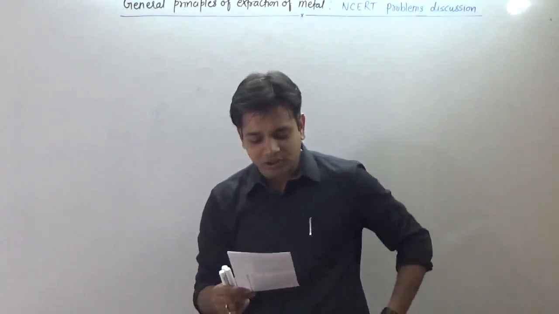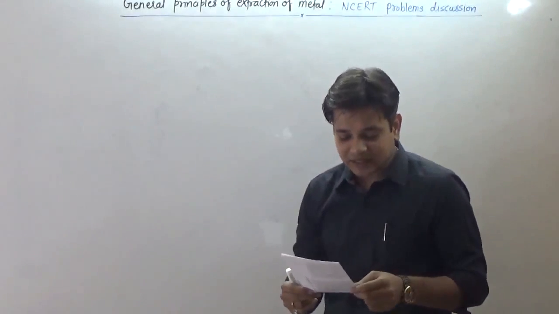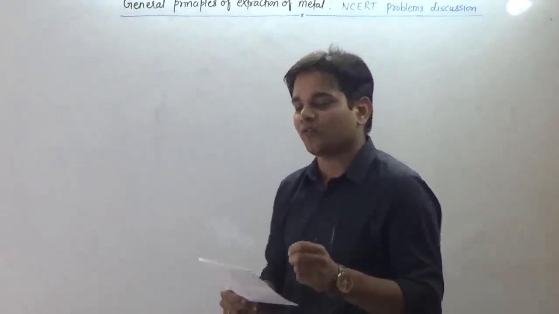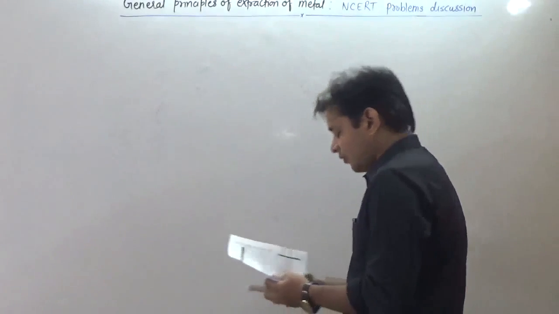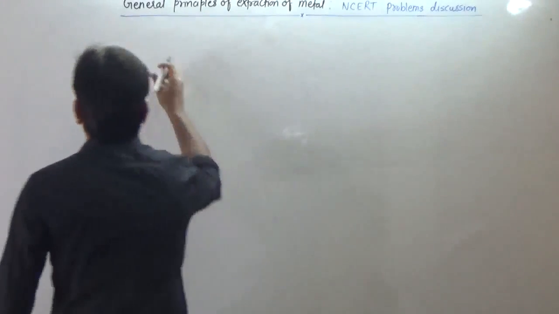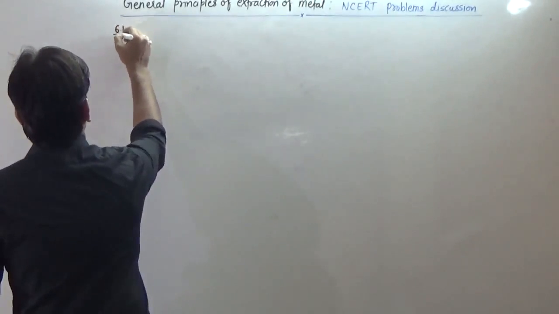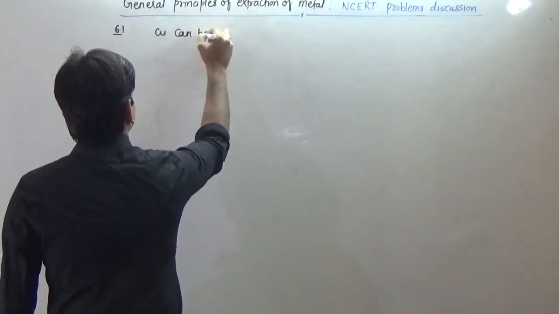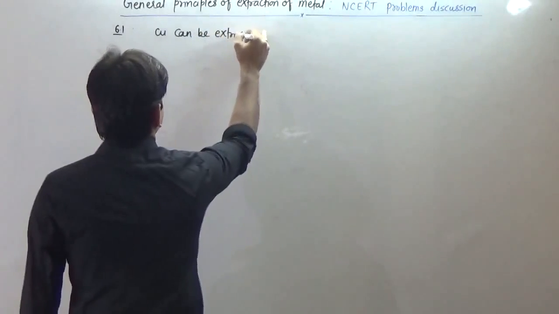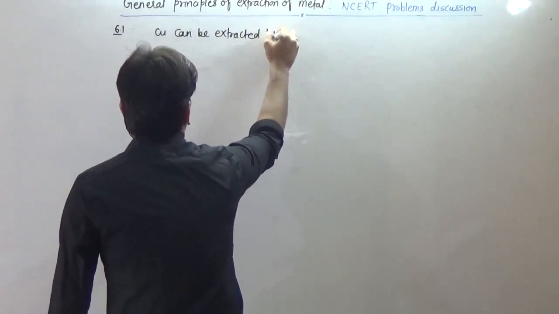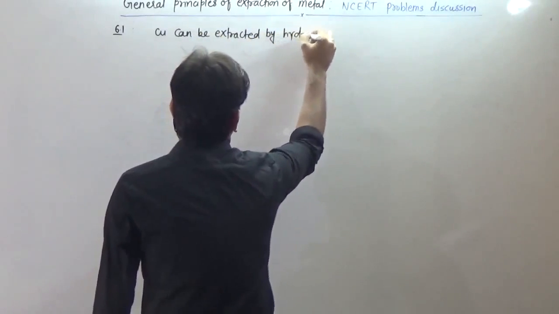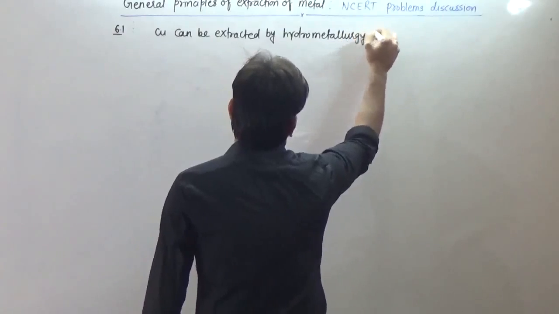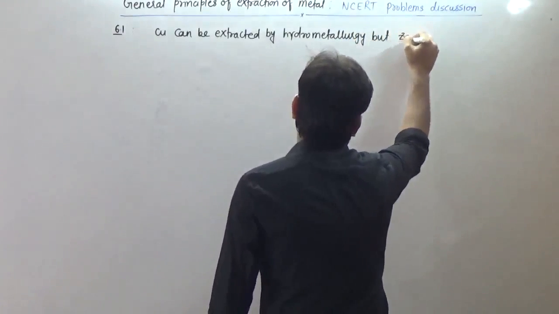The first question that is asked is: copper can be extracted by hydrometallurgy but not zinc. We have to explain it. The first question, that is 6.1, is asking about copper can be extracted by hydrometallurgy, but zinc cannot.